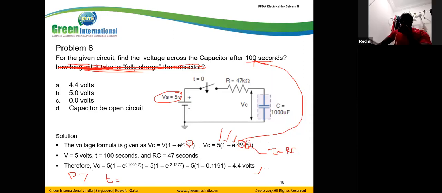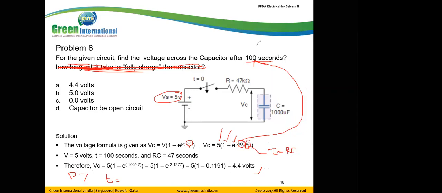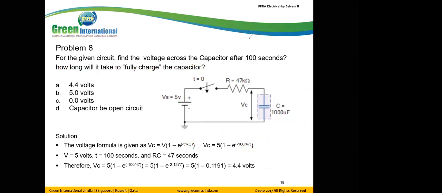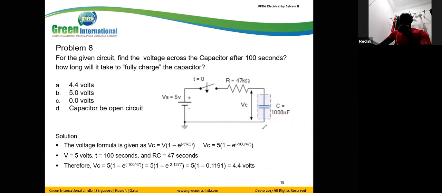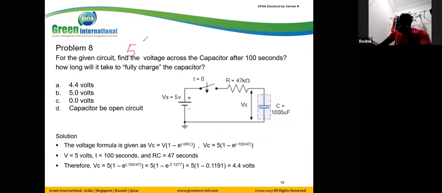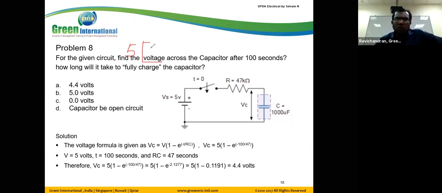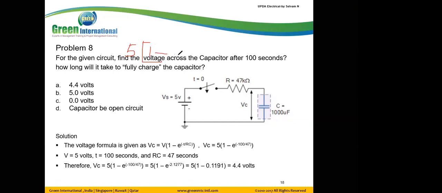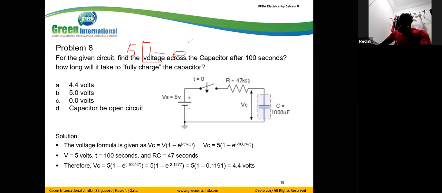RC is basically 47K into 1000 microfarads.